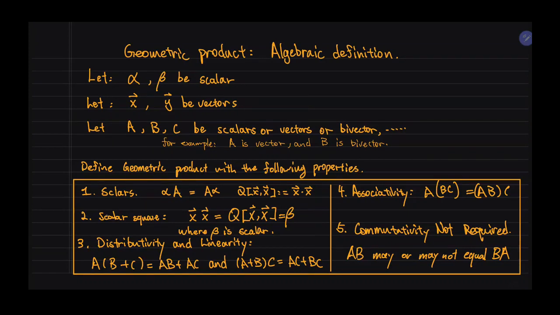And the second is the scalar square, which means that the geometric product from a vector to the same vector will equal some sort of measurement, and this measurement will give us a scalar.